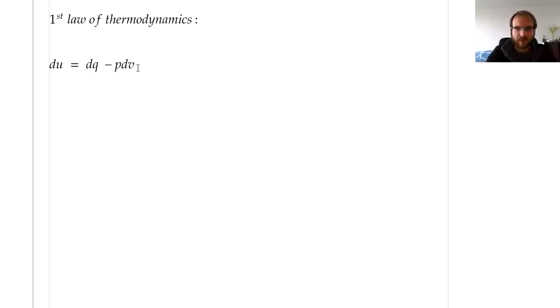Now, the definition of enthalpy is that H is internal energy plus PV. And if we differentiate this term, we get dH equals du plus pdv plus vdp.